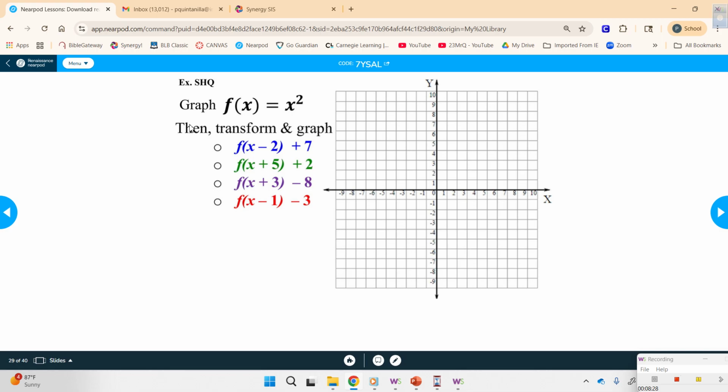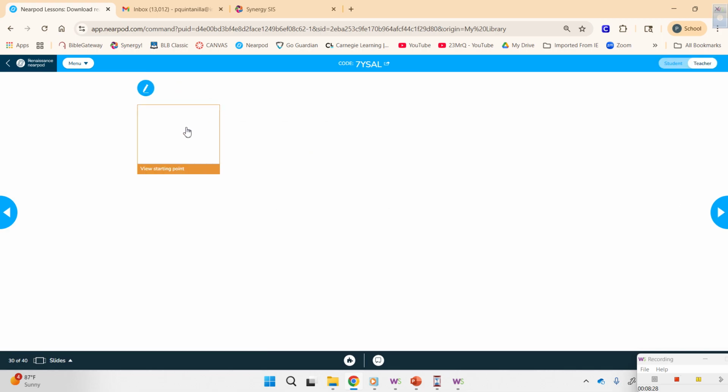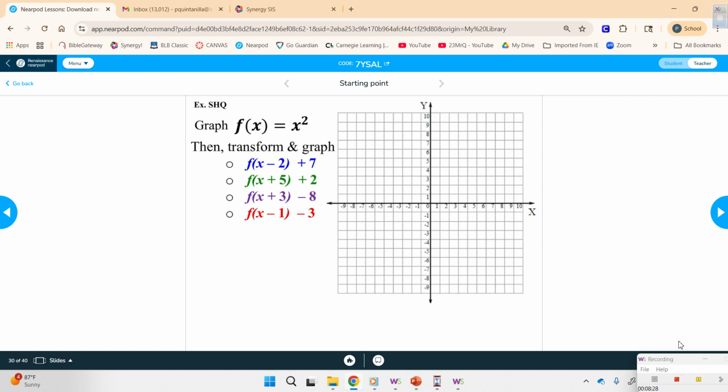Now for this one, copy it first, and then I want you to talk to your neighbor and remind them what domain you are going to use to graph that original function first. I'm going to give you guys a head start. And go.